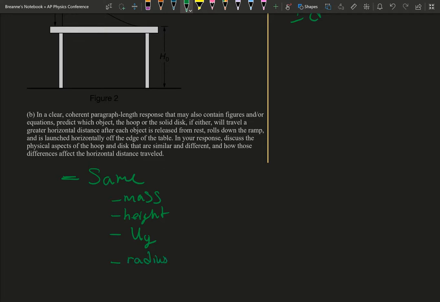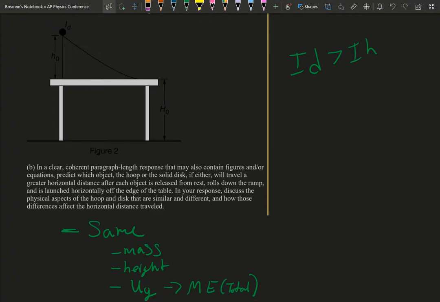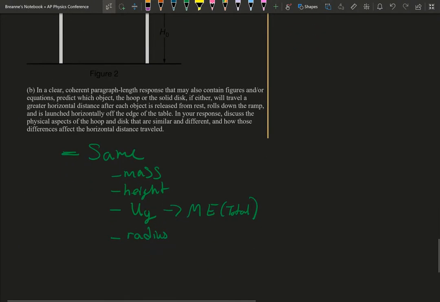So same radius, and it's going to end up having the same mechanical energy. So same gravitational potential, therefore the same mechanical or total energy, because it's all starting as gravitational potential. Now, those are all the same.